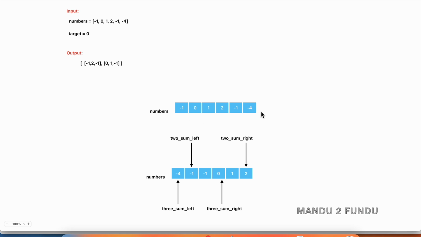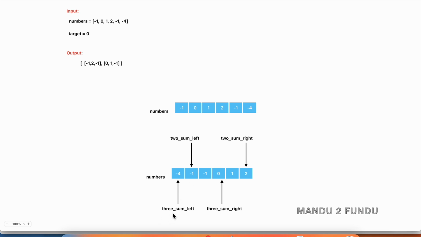Let's quickly take a look at how approach 1 works with this input. We are given an input array and we sort it, and that becomes -4 -1 -1 0 1 and 2. We divide the three-sum problem into n-2 two-sum problems, which is why we iterate up to n-2 times.